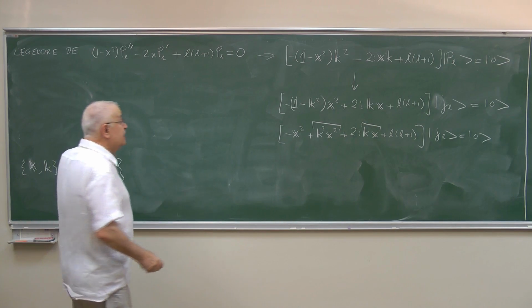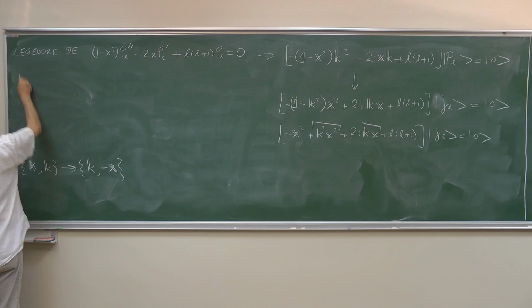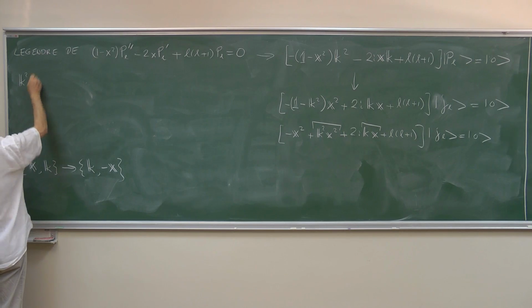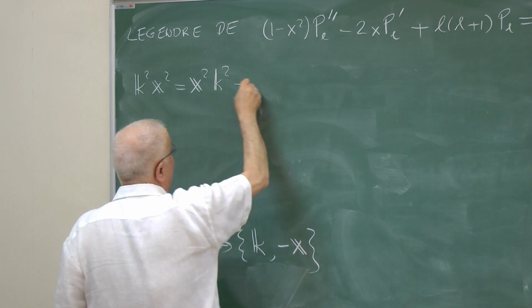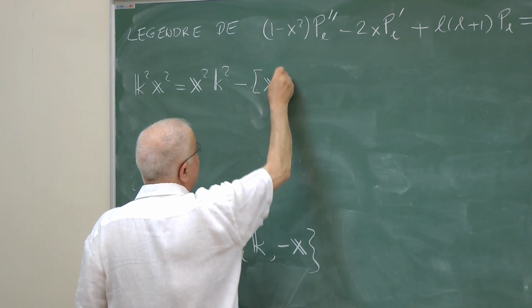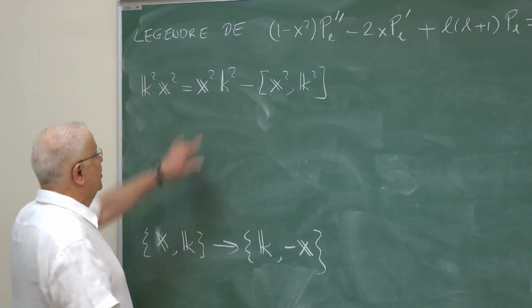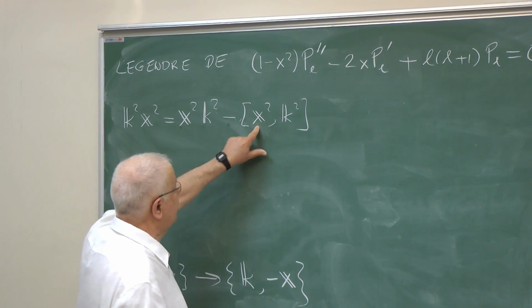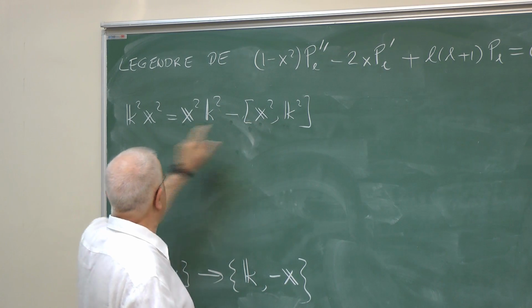Now, k square x square. I will use Weyl algebra to get rid of it. K square x square is x square k square minus the commutator of x square and k square. Because x square k square minus x square k square, they cancel. Then plus k square x square, which is this.